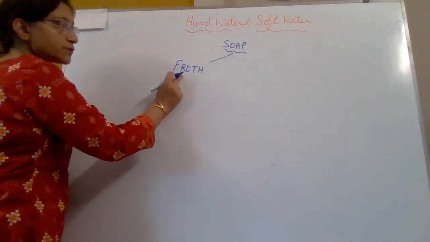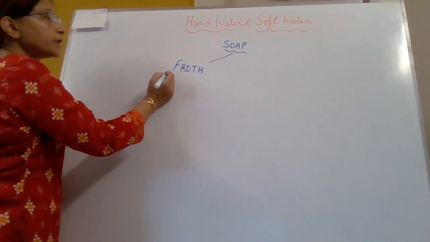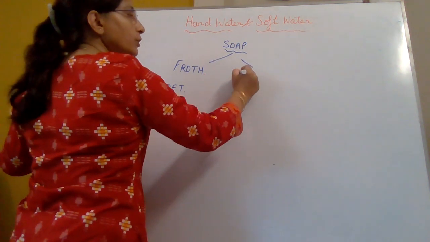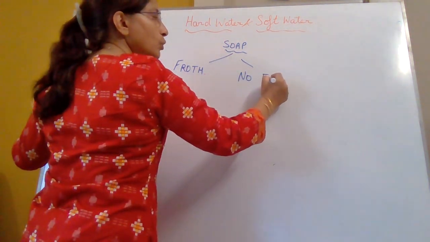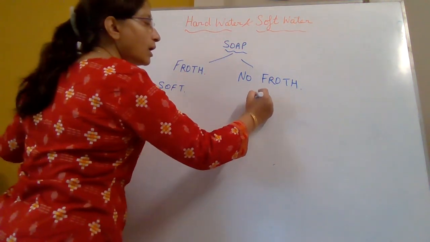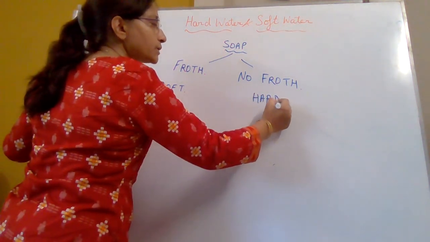If it produces froth with the soap, then the water is soft. But if no froth is produced, then the water is hard in nature.